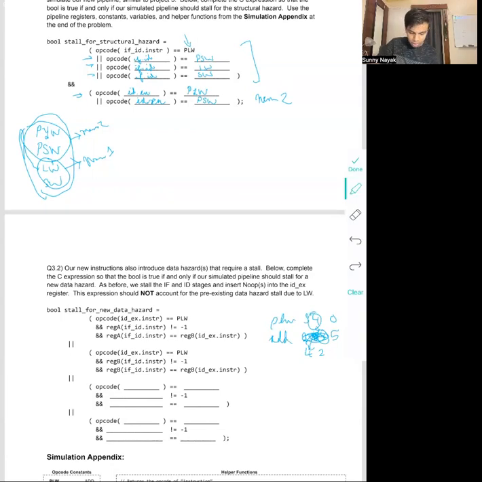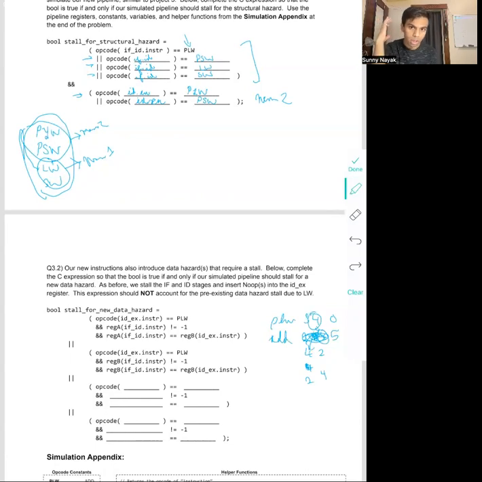So this is obviously going to be a data hazard. Similarly, the other example they give us handles this case. If I had an add 2, 4, 3, right? It's going to handle the register B conflict there.